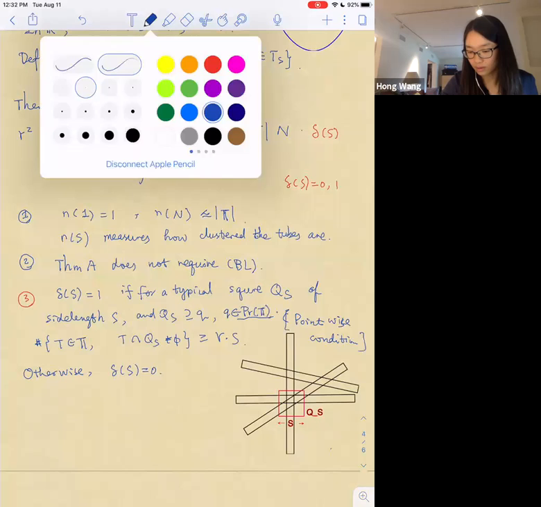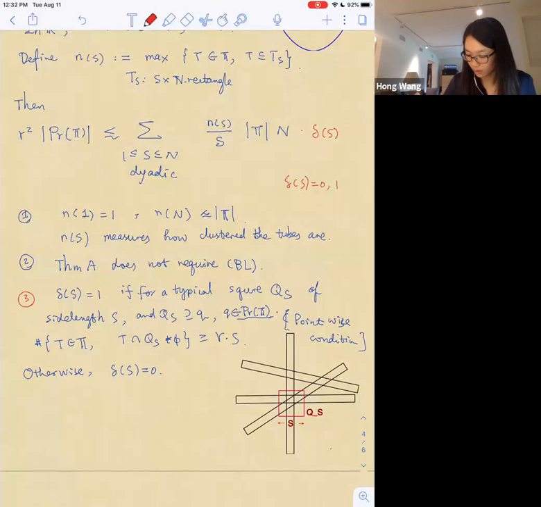So in this example, if this is a unit ball Q in the PRT, then QS is the square of side length S containing this Q, and then we count how many tubes in T are passing through it.